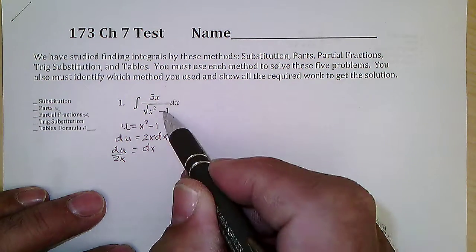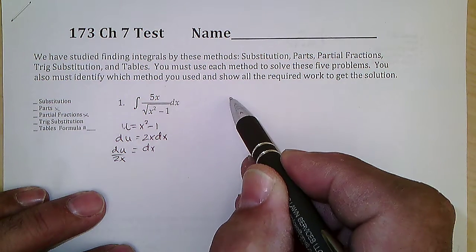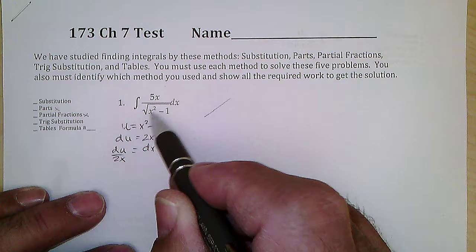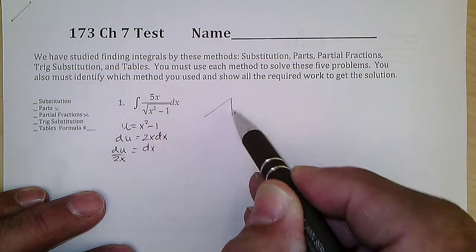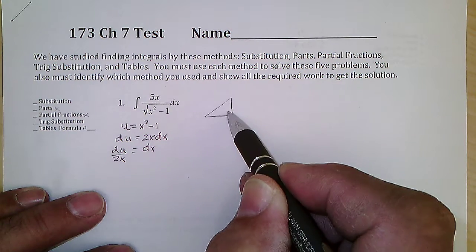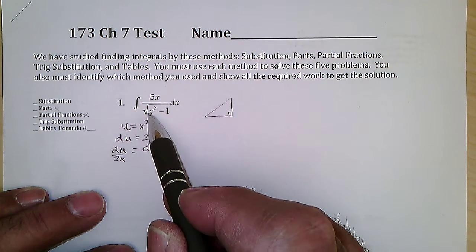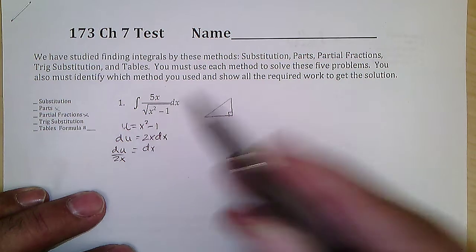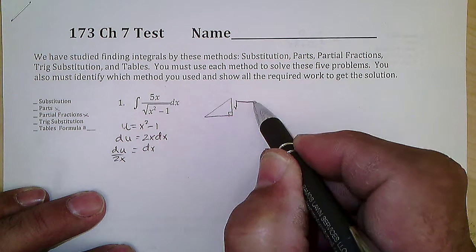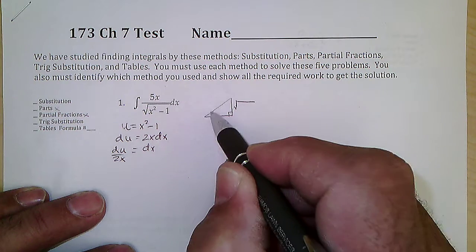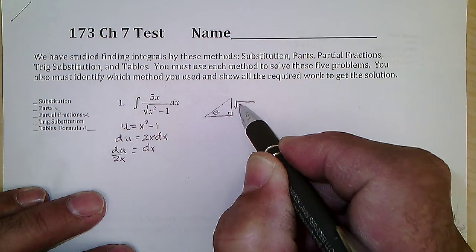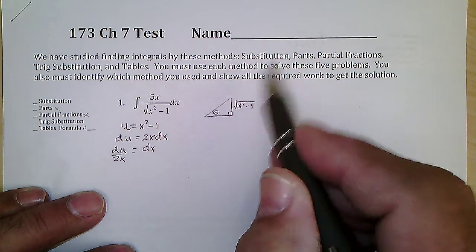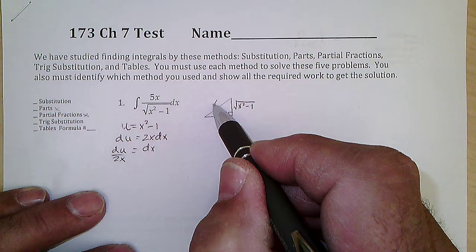Could it be done with trig substitution? And this one probably could be done with trig substitution, since it's got a square root and it's got stuff in here. And so I would set that up by saying, since the x squared is the positive and that's the negative and it's a subtract, I'd put it over on the opposite leg of this, and I'd put an x squared minus 1. The square root of x squared would be x.